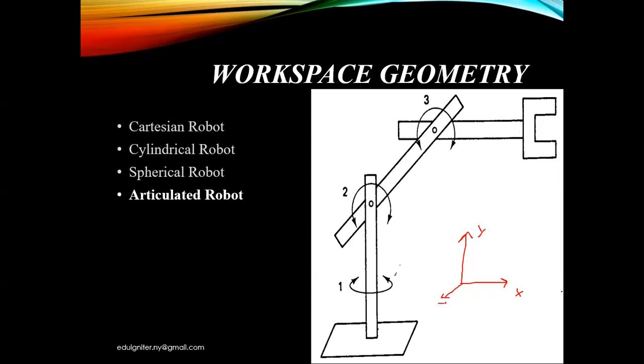The robotic links can rotate about axis 1, axis 2, and axis 3. This type of arrangement is called an articulated robot. This type of robotic system is generally used for welding or painting purposes. The Puma robot is one example of an articulated robot.